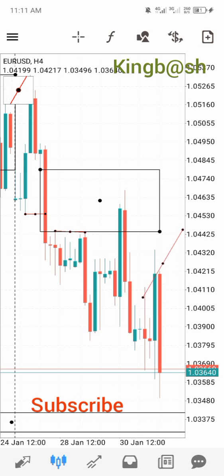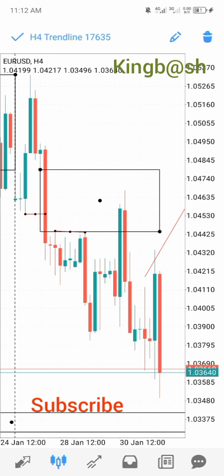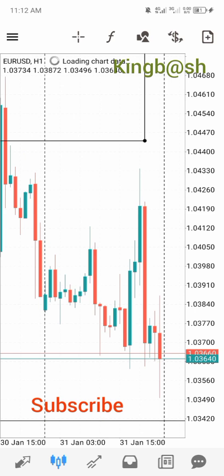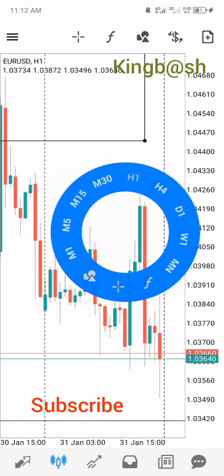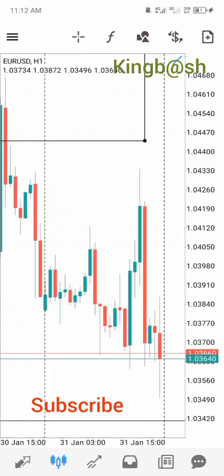Now let's go to the 1 hour time frame. Now on the 1 hour time frame, what do we see? You can see price is coming down, making lower highs, lower lows, lower highs, lower lows. Then here, what did you observe here?